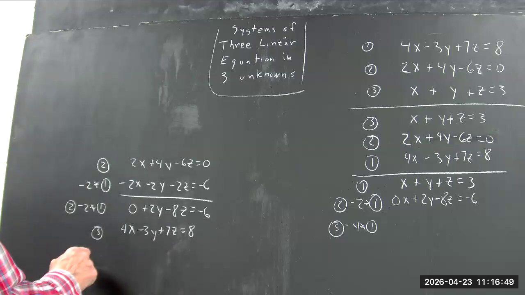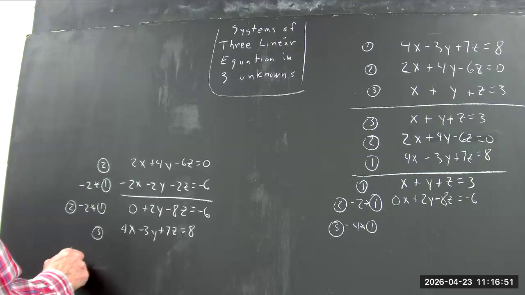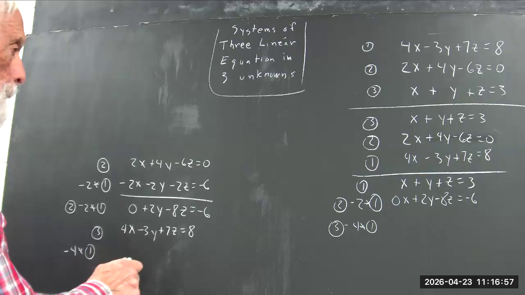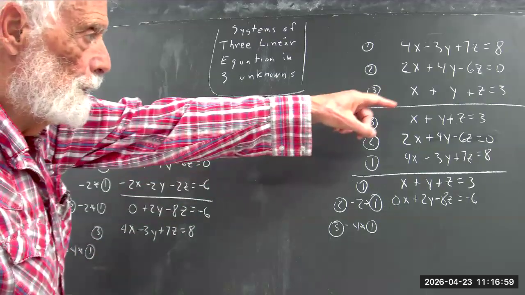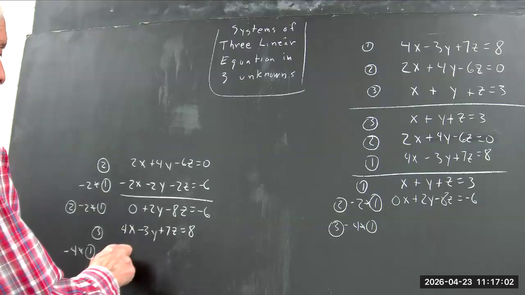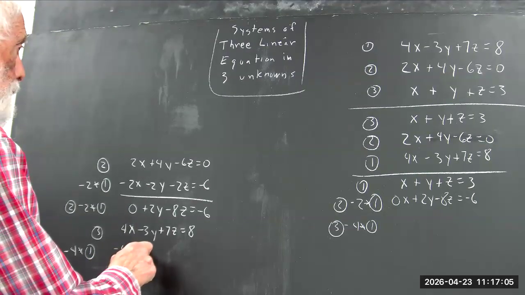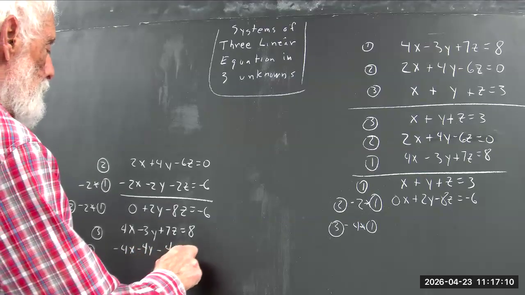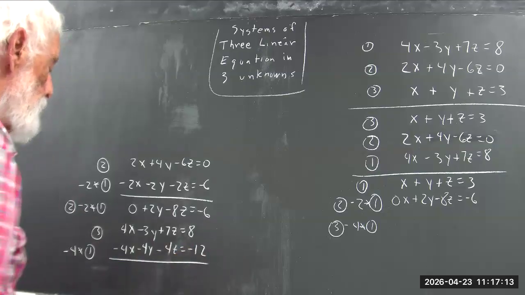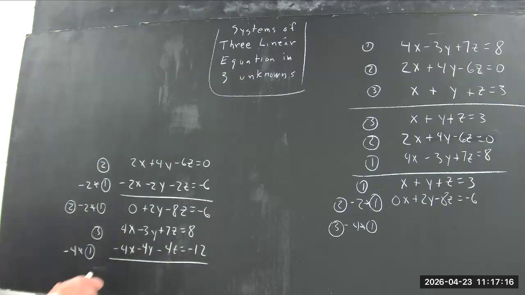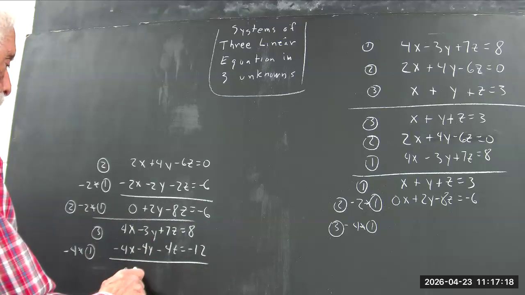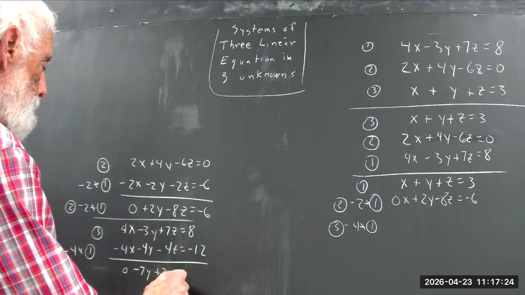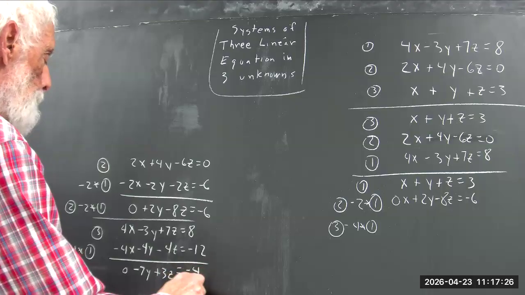And negative 4 times equation 1. Equation 1 was x plus y plus z equals 3. It's easy. We're going to get negative 4x minus 4y minus 4z equals negative 12. So when I add those, the x's again add up to 0, minus 7y plus 3z equals negative 4.